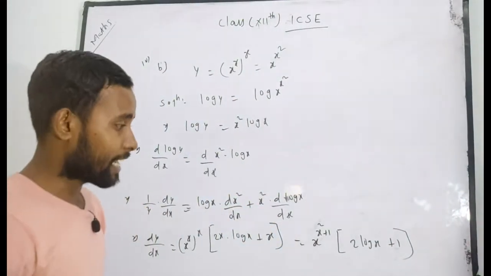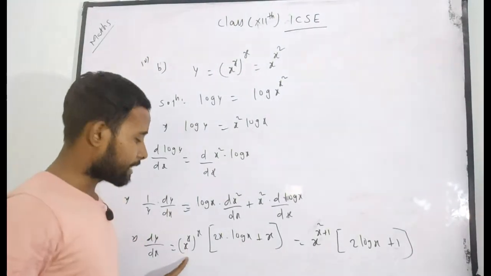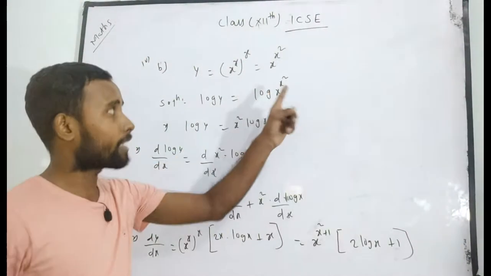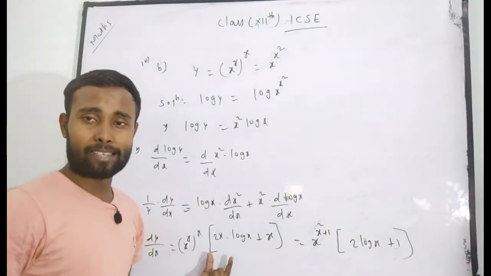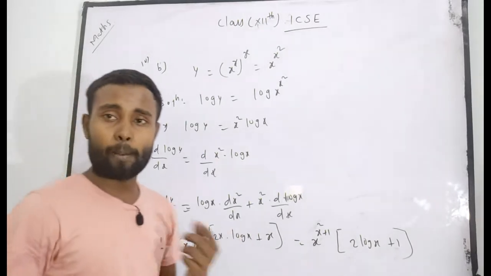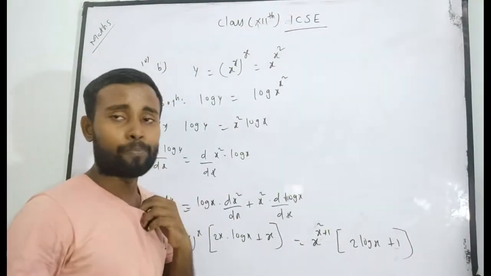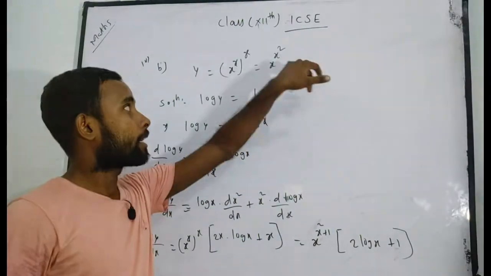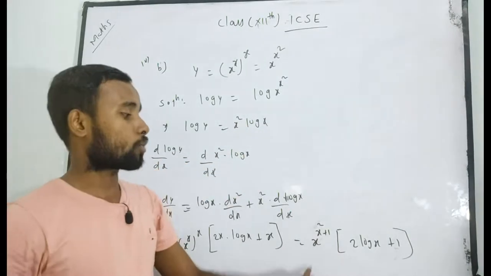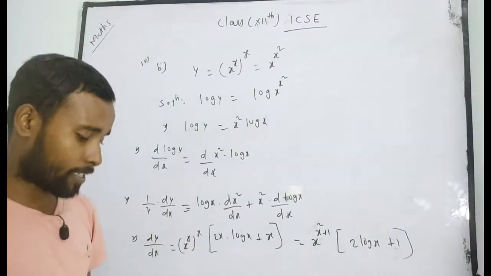You can also write it this way: if you take x common, here it is x to the power x square and x to the power x square, and if you take x common out of it, it will be x to the power 1. The base is the same and it is in multiplication, that's why you can add the powers easily, and that will be x to the power x square plus 1, which is the correct answer of this question. I think you understand again very well.